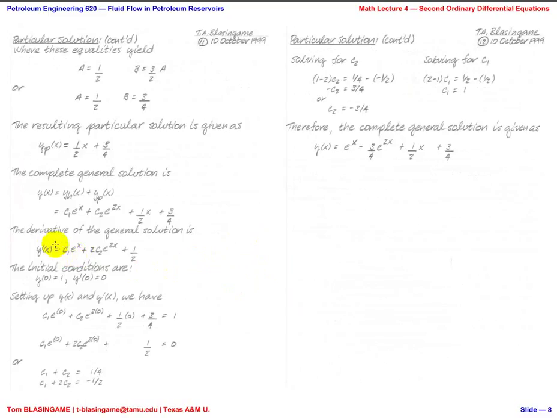So here we take the derivative of the general solution. We still have the exponential functions, and we get rid of this term, right? So here, one equation is defined by equating this to 0, which is this part.